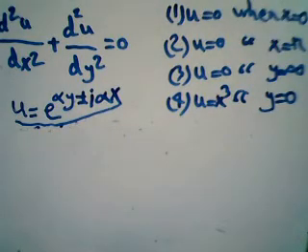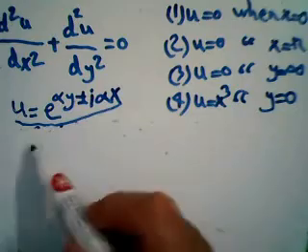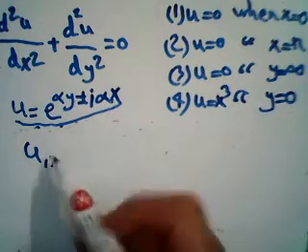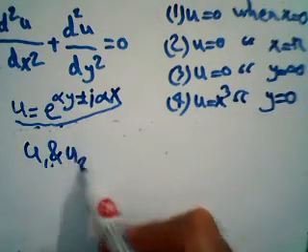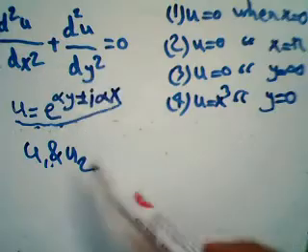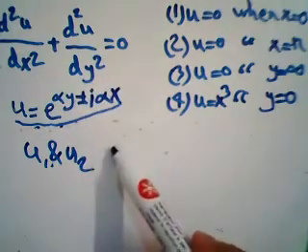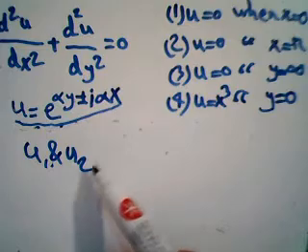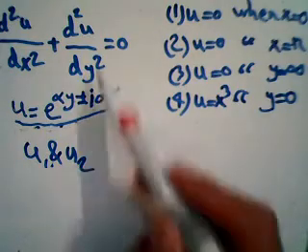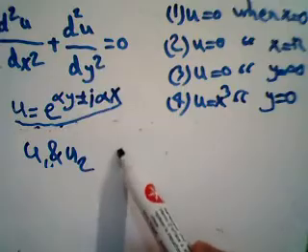That means that if u1 and u2 are two solutions of this equation, then any linear combination of these two is again a solution of this.